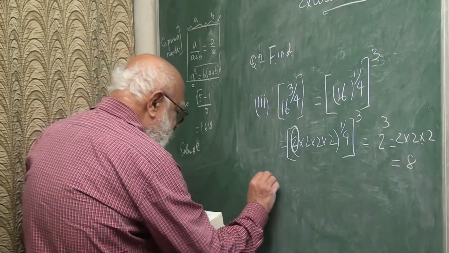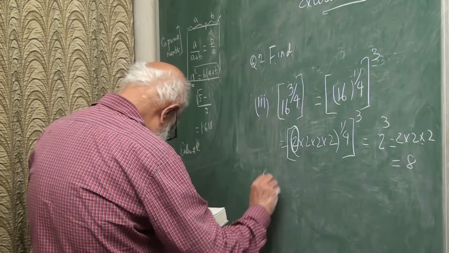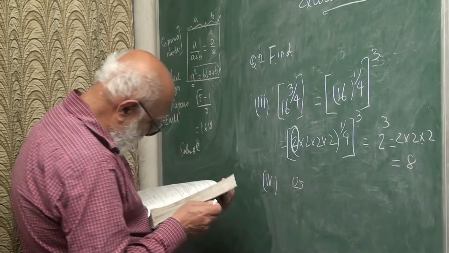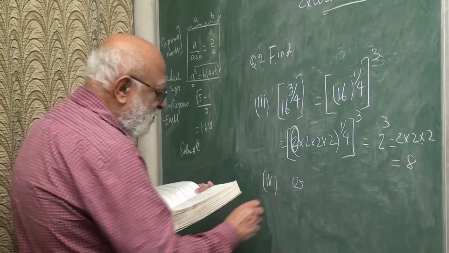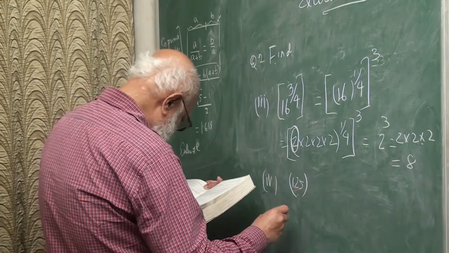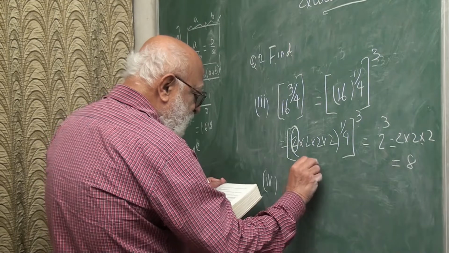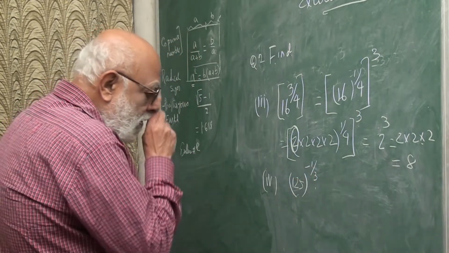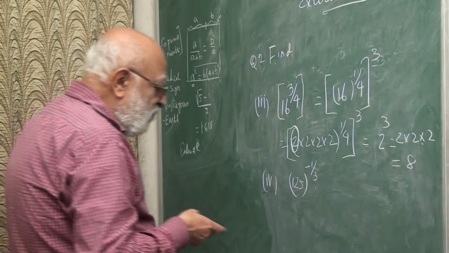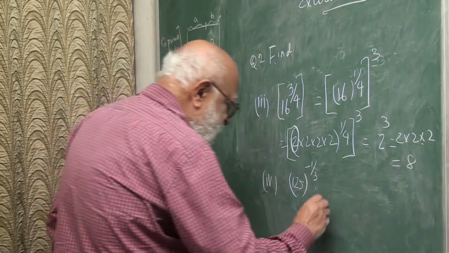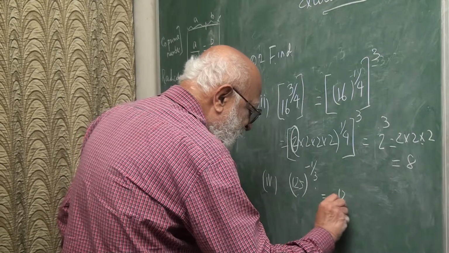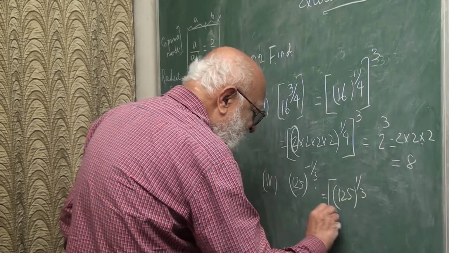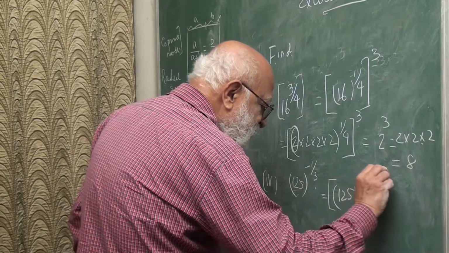Okay. Let's finish the fourth one. The fourth one is easier than this. It is 125 to the power minus 1 upon 3, so be careful. So I will do it this way: 125 to the power 1/3, and then I have to flip it over because minus 1 is there.